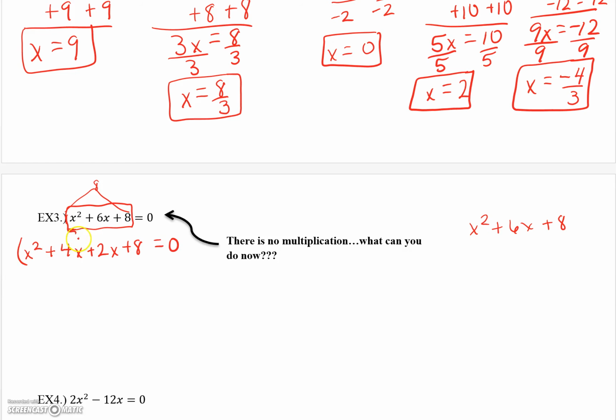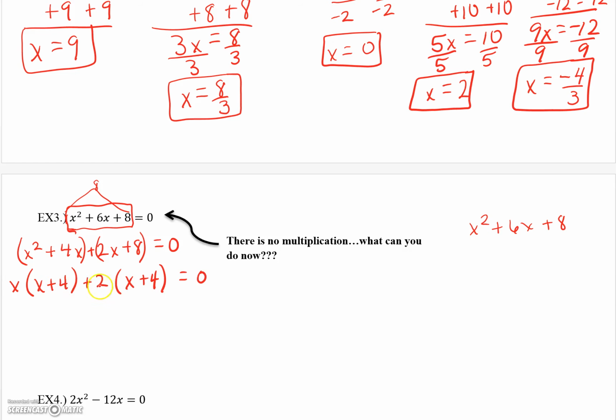With the regrouping, I'm going to put in my parentheses. This part is nothing different than what you've been doing. I take the x out of that first parenthesis, and I have x plus 4. I take a positive 2 out of that parenthesis, and again, I have x plus 4 left.